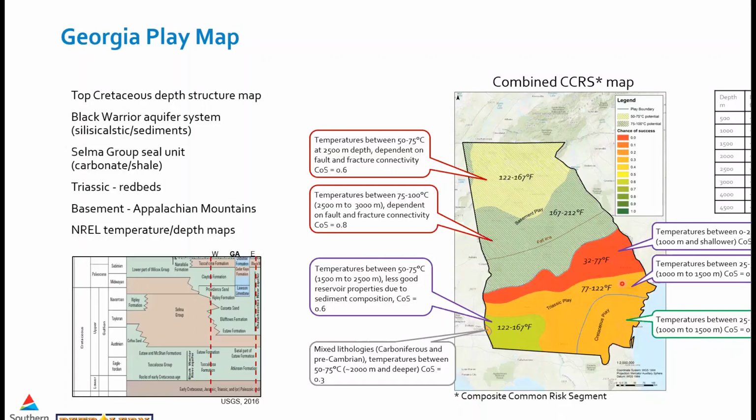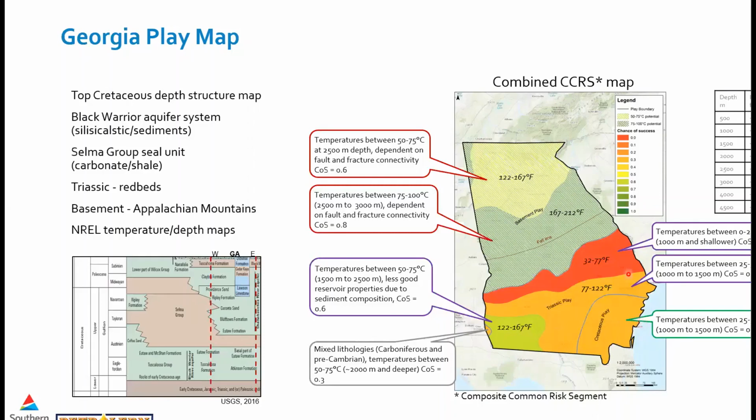It has the same cost as the Triassic, where you have the same temperature and the same depth. The Triassic, when you're going towards the southwest, gets deeper, and the temperature increases to 50 to 75 degrees Celsius. So it's slightly higher here to the southwest than to the southeast.